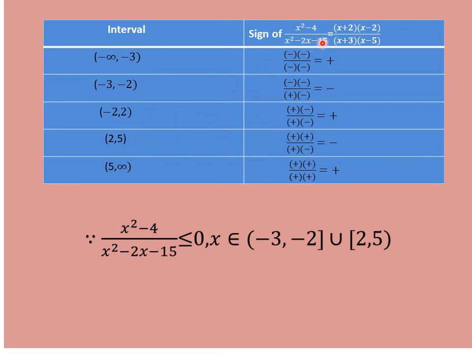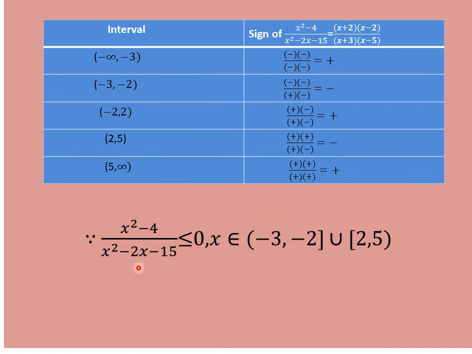If you replace x by 0 here, you will get plus, minus, plus, minus. So minus by minus means it will become plus. In between 2 and 5 you can take 3. 3 means 3 plus 2, 5. So positive, positive, positive, negative. So positive by negative means it is negative. 5 comma infinity. Here you can take 6. So 6 means positive, positive. This also positive. So it is plus.